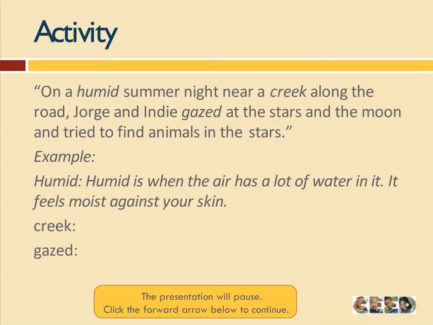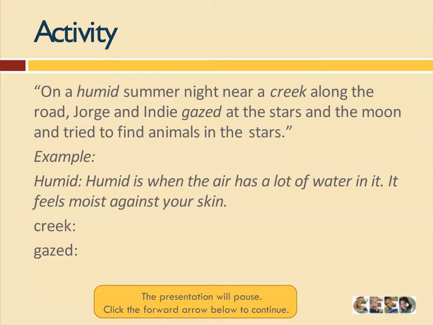Using a quote from the integration activity, look at it this time and identify words that may be unfamiliar to children. From there, create a short sentence that helps children understand what the word means. So the example here is, on a humid summer night near a creek along the road, Jorge and Indy gazed at the stars and the moon and tried to find animals in the stars.